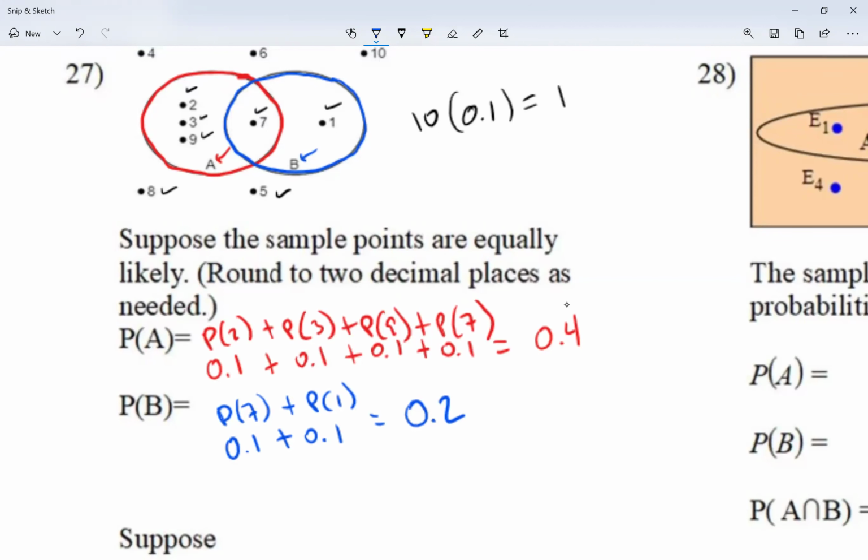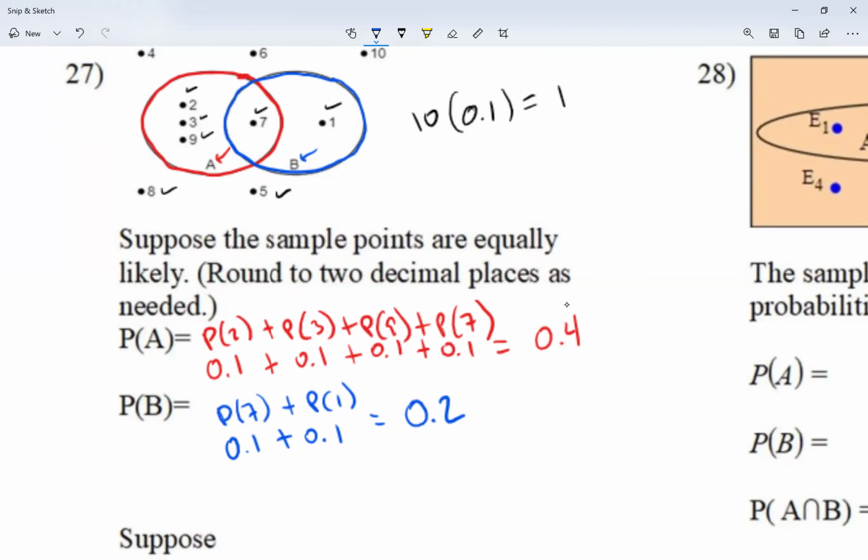Now, some of you might say, wait up, Mr. Leonzo. If I add probability of A plus probability of B, 0.4 plus 0.2, that's not equal to 1. And you said that all the probabilities have to add up to 1. Well, there are a couple of mistakes in that. Probability of A plus probability of B is not equal to 1 for two reasons.